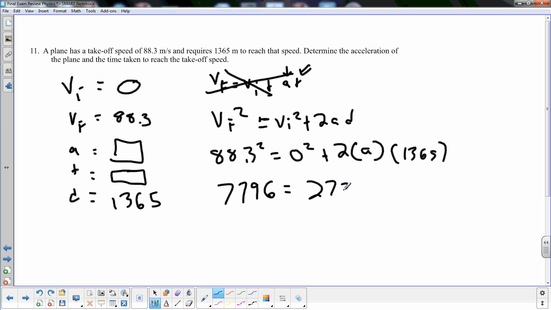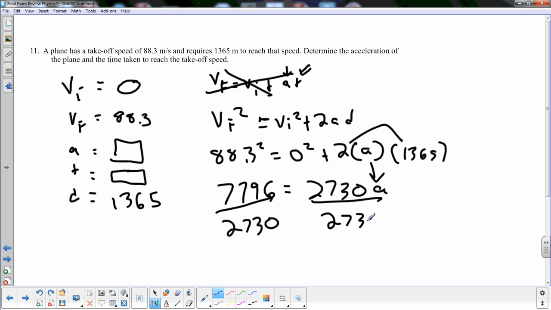That goes away. A is going to be 7796 divided by 2730, which should give you 2.85 meters per second squared. Fair deal. So that's my A.